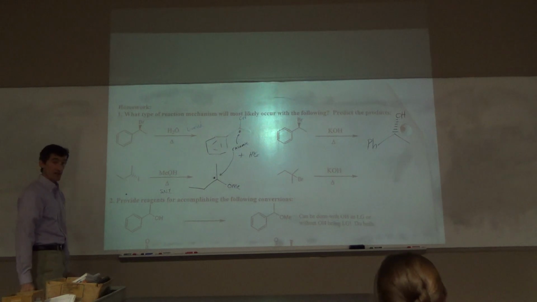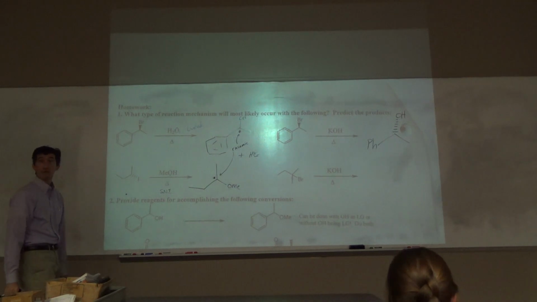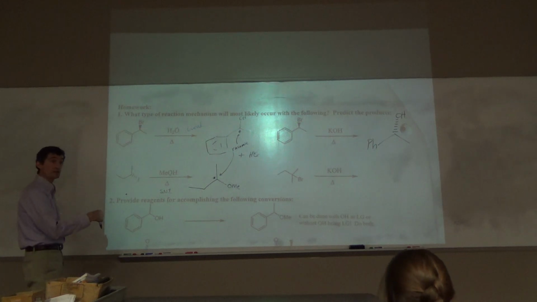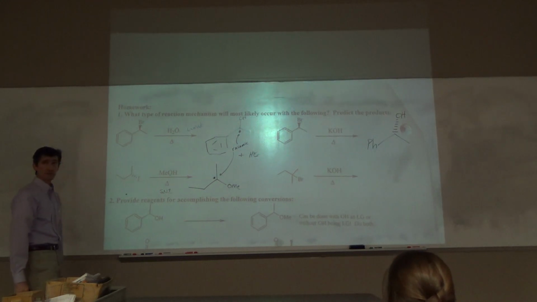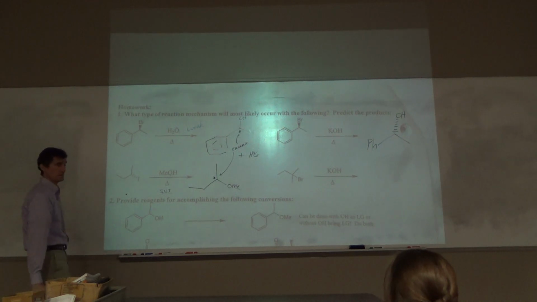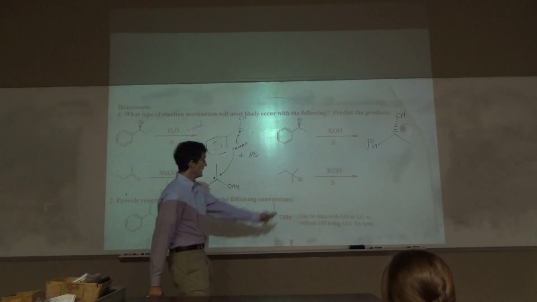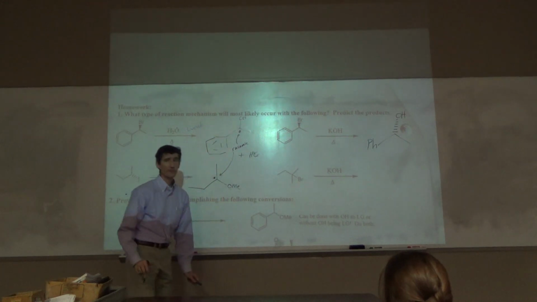HI. The iodide will take the H from the oxygen to go neutral, forming HI. Everybody understanding how mechanism helps you understand and predict all these products? And over here, mechanism over there.